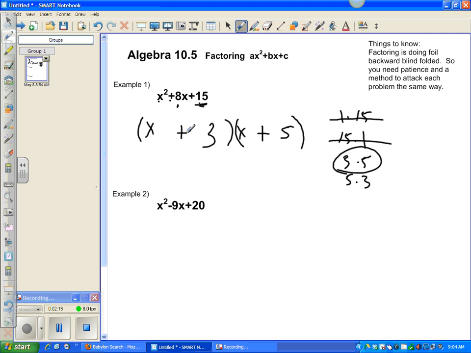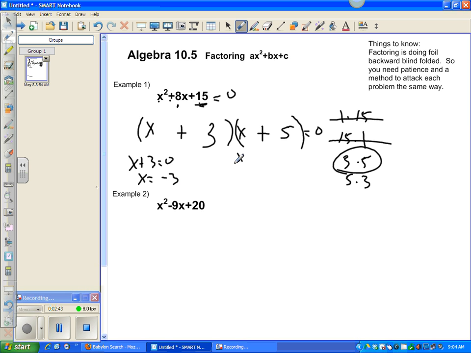Now, if they want you to solve for x after this, and I don't know if they have you do that in this unit, but actually they do have you do that. Then what you need to do is put x plus 3 equal to 0, because this whole thing is equal to 0, just like in the previous unit. And x can be equal to negative 3.